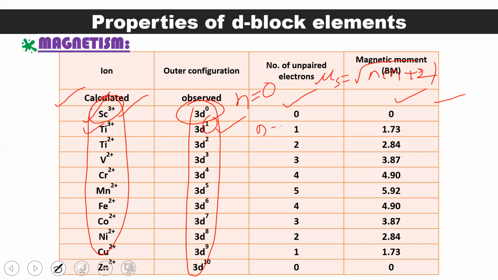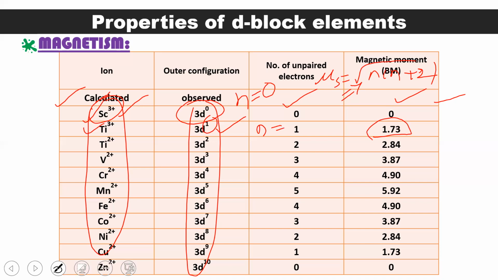That means n is equal to 1. If you substitute n equal to 1 in this formula, you get 1 into 1 plus 2, which is 3, so under root 3. The value of under root 3 is nearly 1.7.